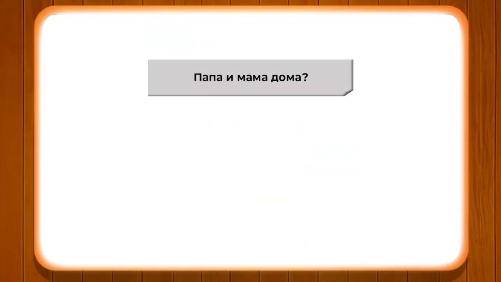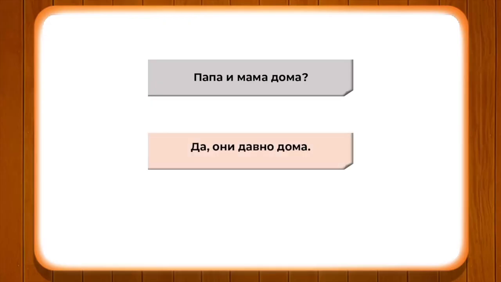We have the first sentence with us, papa mama doma. If I am asking a question, then papa mama doma? So, the sound at the end is rising because I am asking a question. Then affirmative, with the help of "da", I am going to answer it: da, ani davno doma.